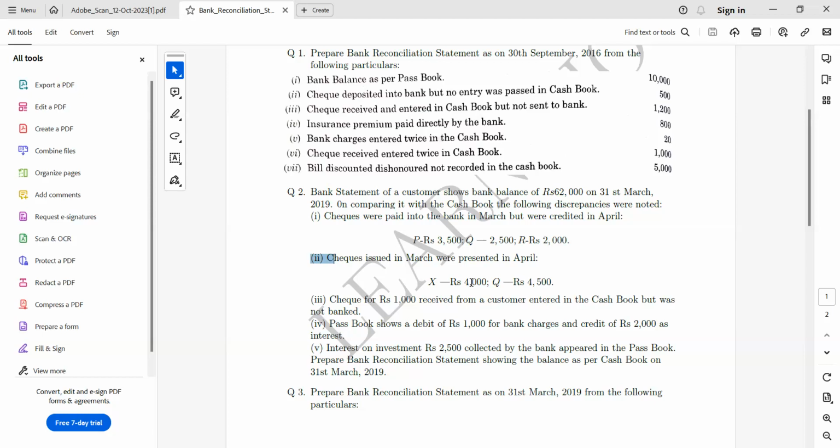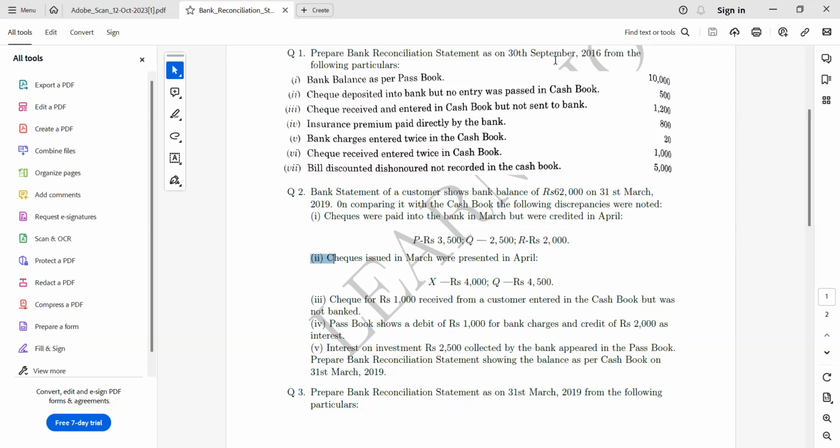So it is added or deducted? We should add it. So this is added in the cash book, but not in the passbook. If it is not added in the passbook, then what should we do to make it equal? I don't know, sir. We should add it.